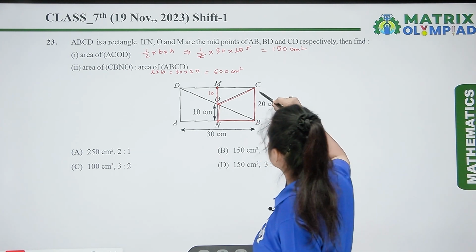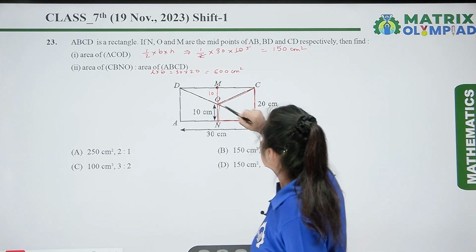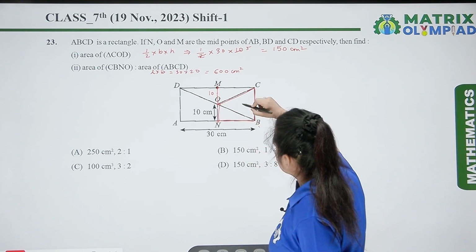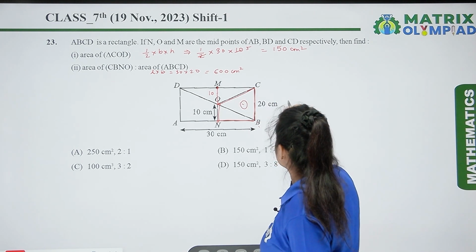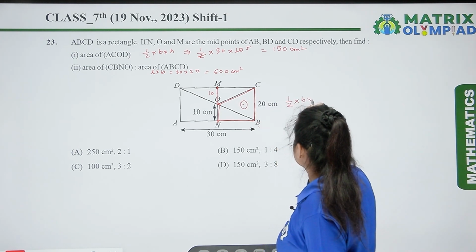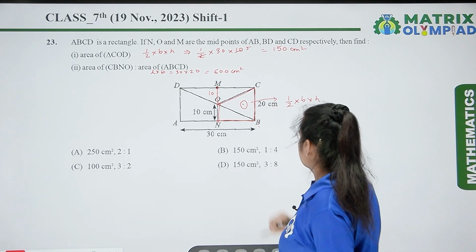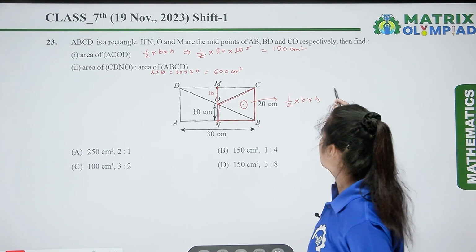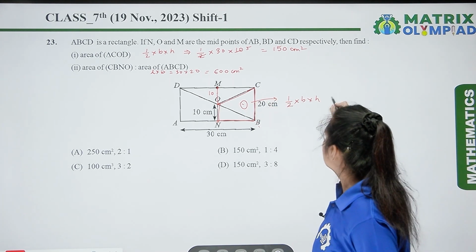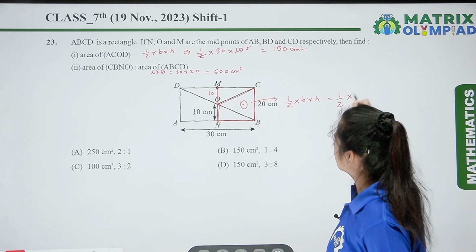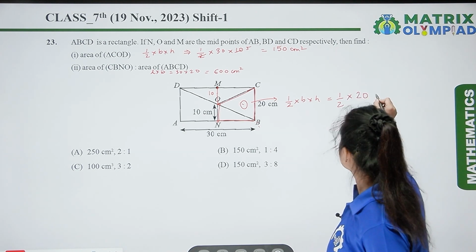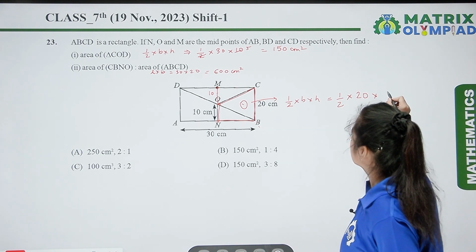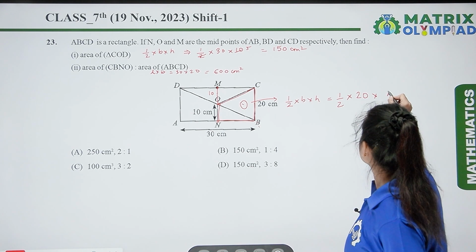First of all, we are going to find out the area of the CBO triangle. So here half into base into height is the area of the triangle CBO, or we can say COB. So here half into base will be 20 and height will be 15.